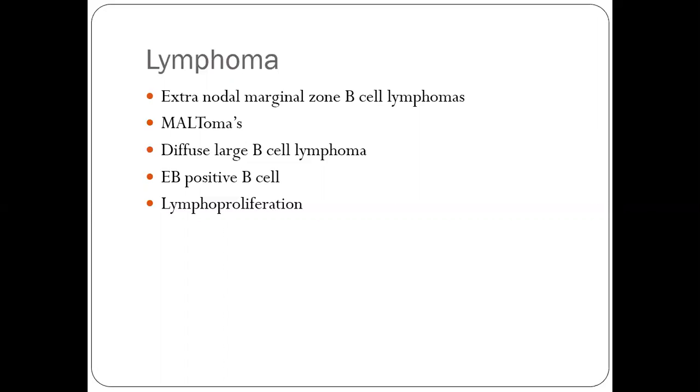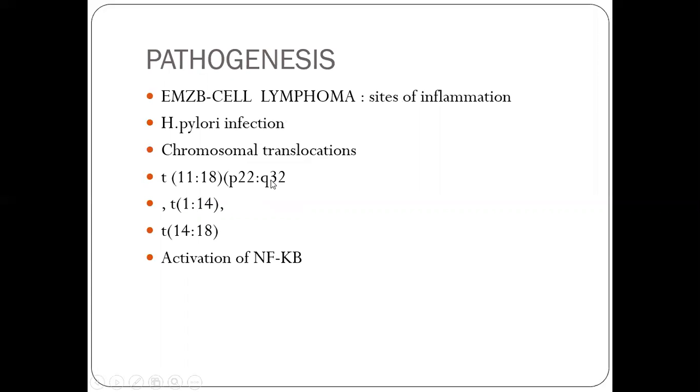So the most common lymphoma is extranodal marginal zone B cell lymphoma. Then others, that is diffuse large B cell lymphoma and Epstein-Barr virus positive B cell lymphomas, can also occur in the GIT.